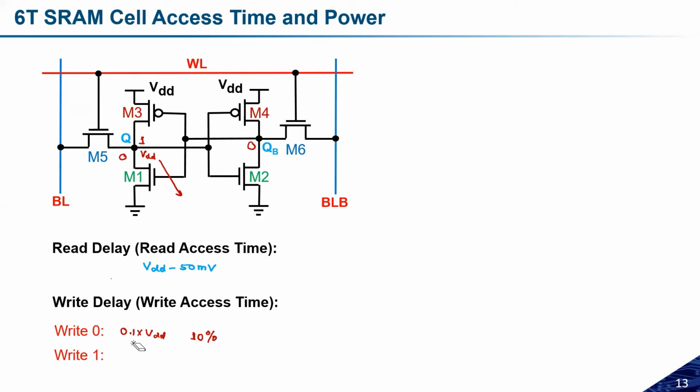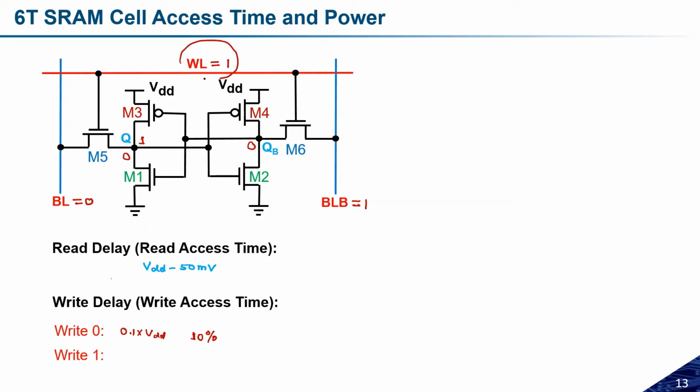So how will we do that? Let us assume initially the Q was at logic 1, and I want to write 0 over here. So the BL I should connect to 0, and the BLB I should connect to 1. Now I will activate this WL, which turns on these access transistors.